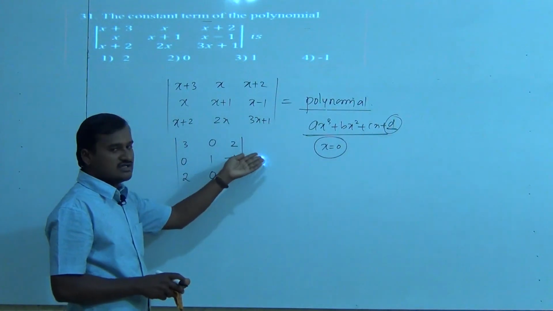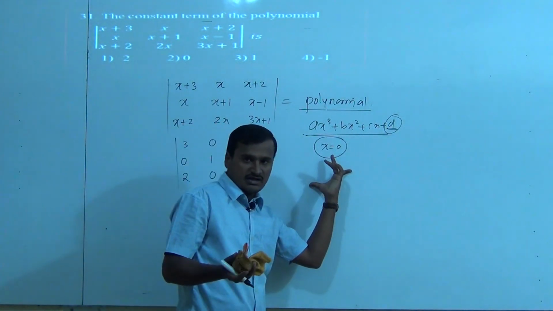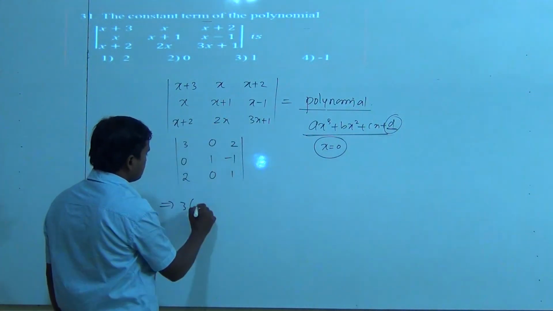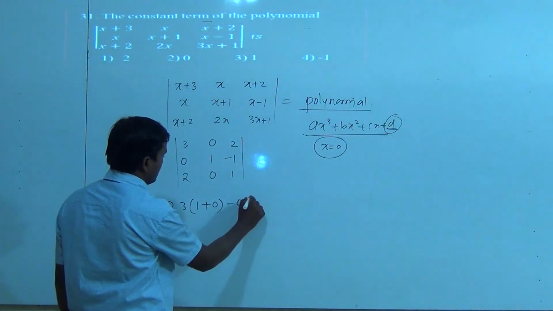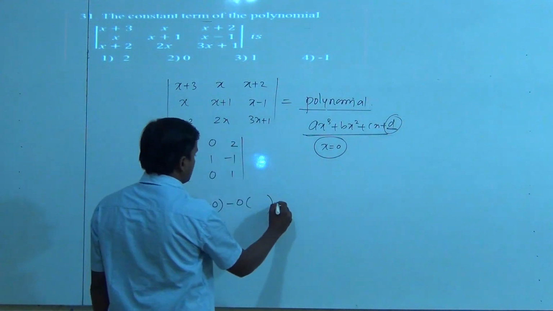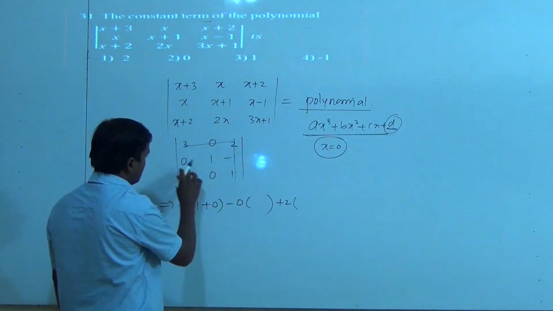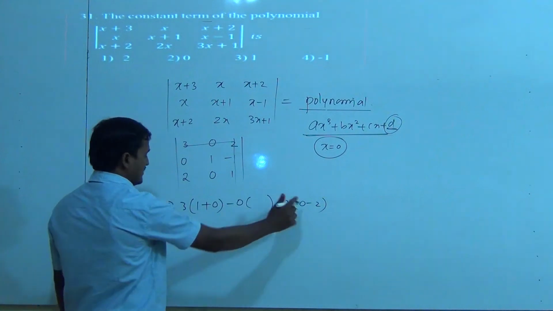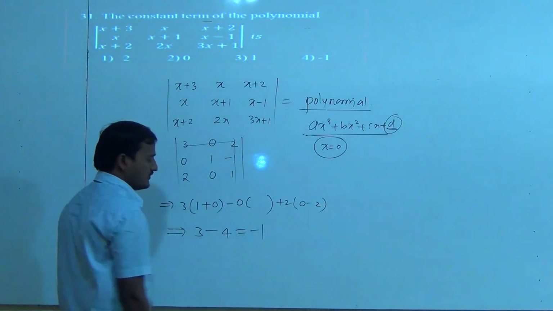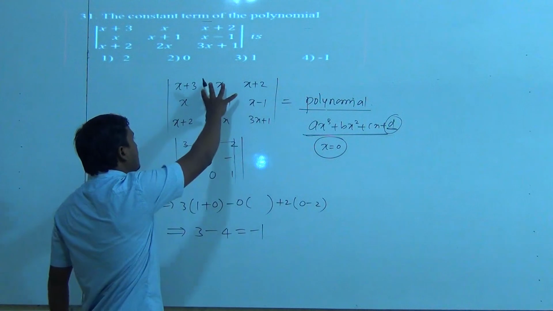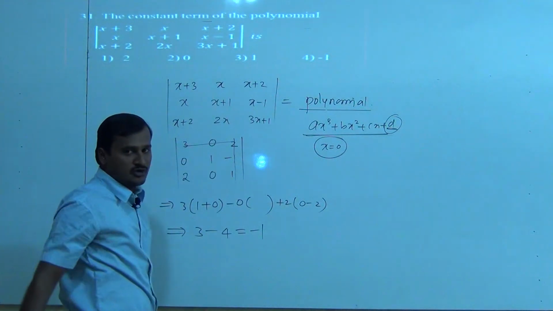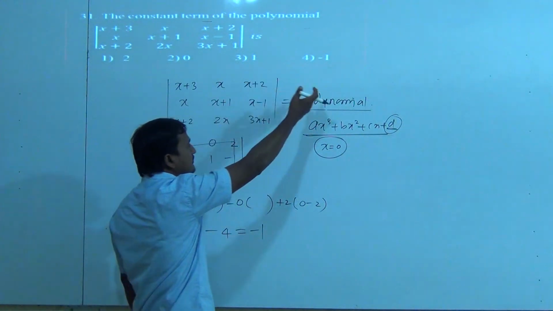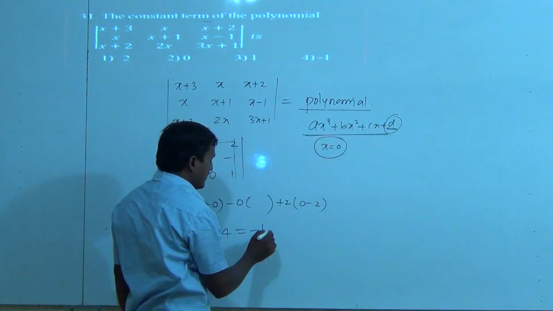Now I will expand this determinant. Directly I will get the constant term only. So expand this one: 3 into 1 plus 0, and 0 into this term becomes 0, plus 2 into the minor of the first and third column, so clearly 0 minus 2. Simplify this one: 3, and here it is minus 1, 4. So therefore minus 1. So the constant term of this polynomial, after expanding the determinant, is minus 1.